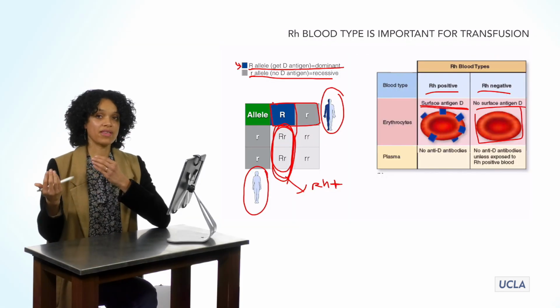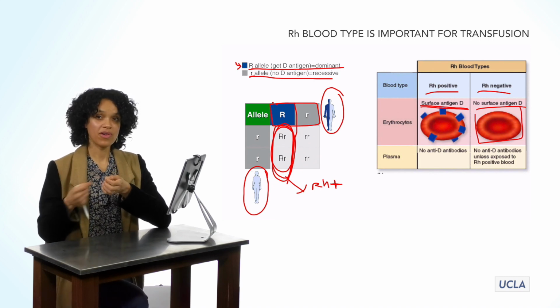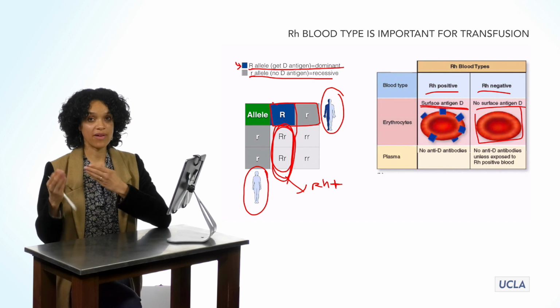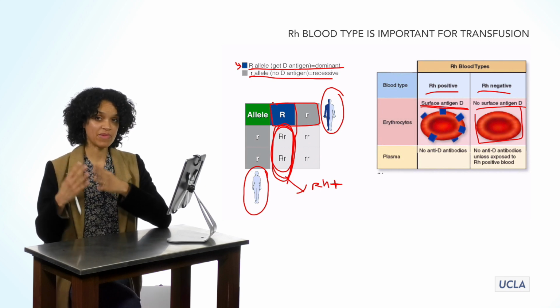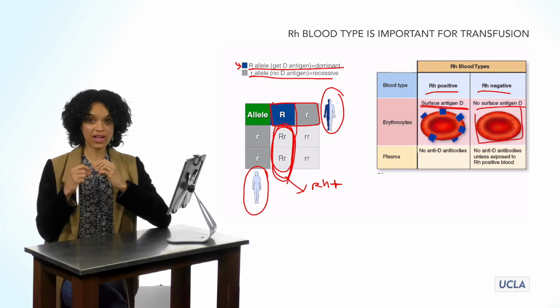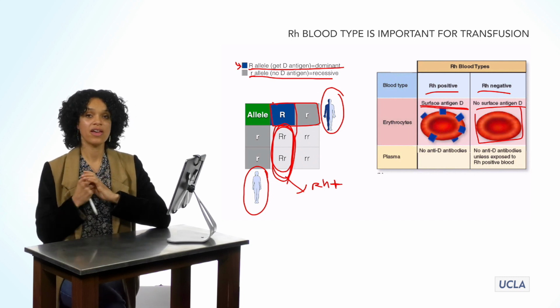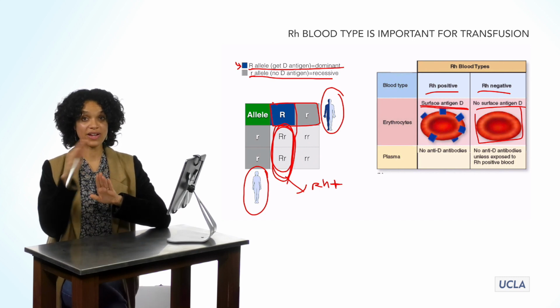The reason why this is of note is because unlike the ABO system, where a person who has A blood will generally have anti-B antibodies in their blood system, for the D antigen, you don't generally produce D antigen antibodies regularly.